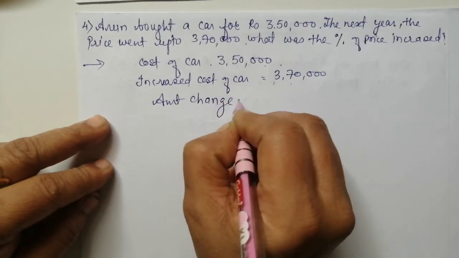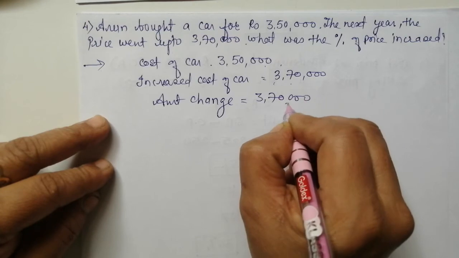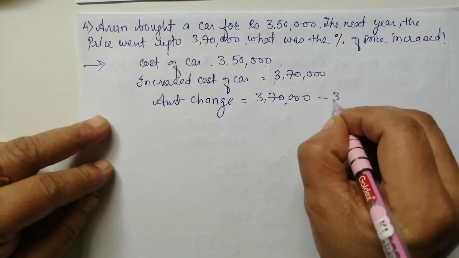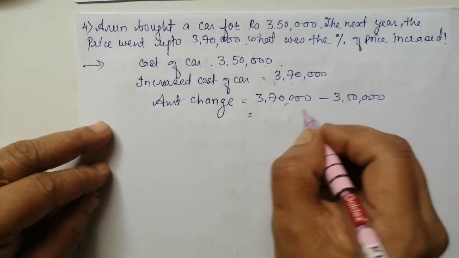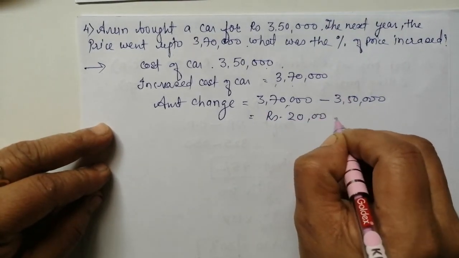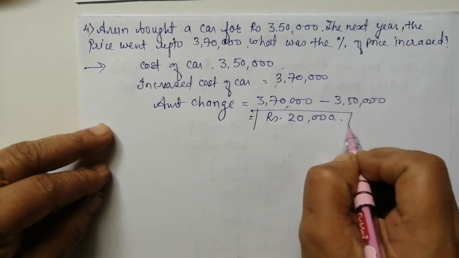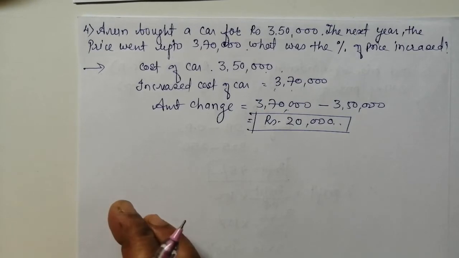Now the amount change. How much change did it get? The amount change is equal to 3,70,000 minus 3,50,000. Okay, that means how much amount? Rupees 20,000. The amount change means it is increased by 20,000.